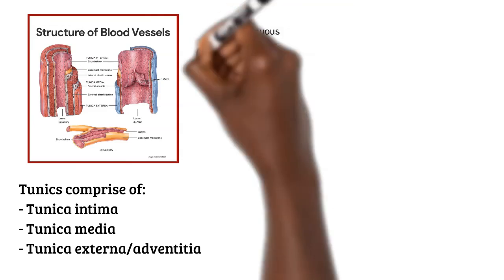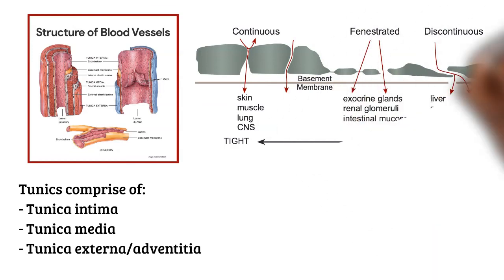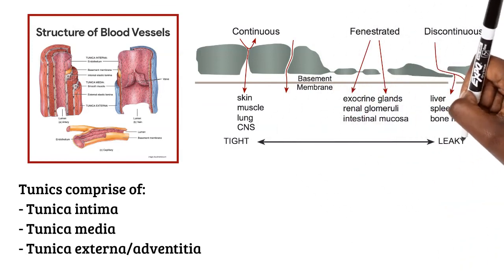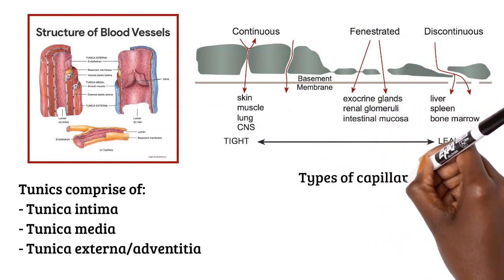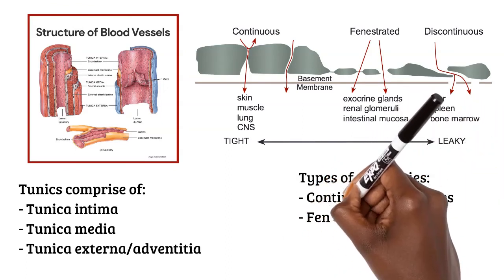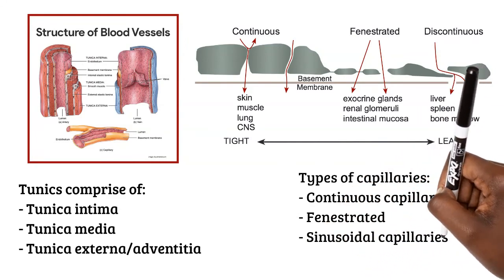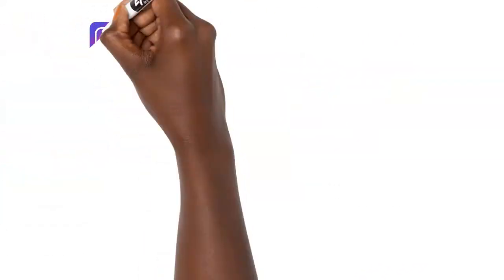And of course, we spoke about the capillaries and the different types of capillary that you need to know: the continuous, the fenestrated, and the sinusoidals. Then we spoke about the functions of the endothelial cells. So I believe you have learned one or two things from this presentation.